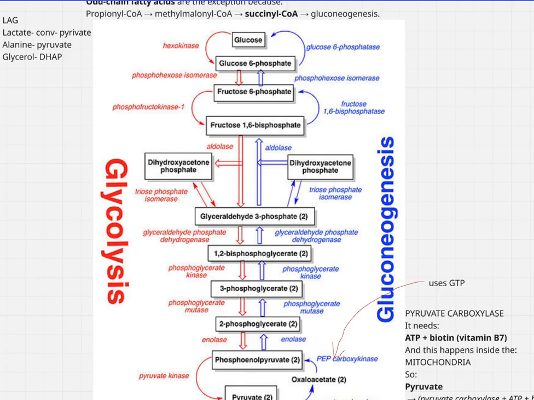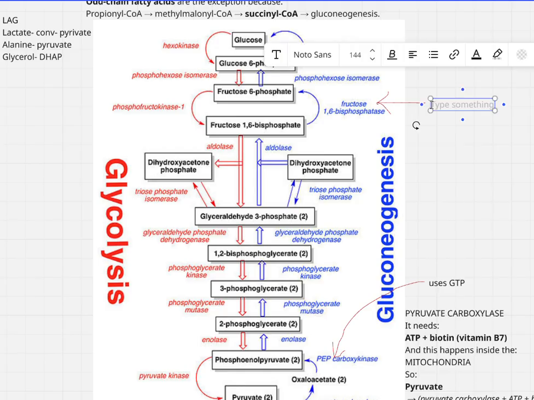So basically, AMP inhibits this, right? Therefore, a lot of AMP will inhibit gluconeogenesis, right? That makes sense. Then we continue upwards.